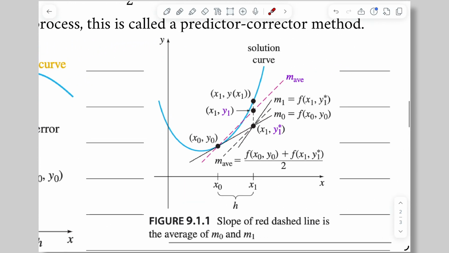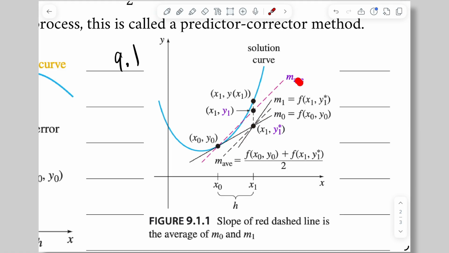This new method, in the current lesson, says, okay, do that same thing, but the output that you get, we're going to call it y sub 1 star. Then using x sub 1, y sub 1 star, we get a slope of a pseudo-tangent line at that point. And instead of using either the original slope of the tangent or the slope of the new pseudo-tangent, we find an average of those two slopes.